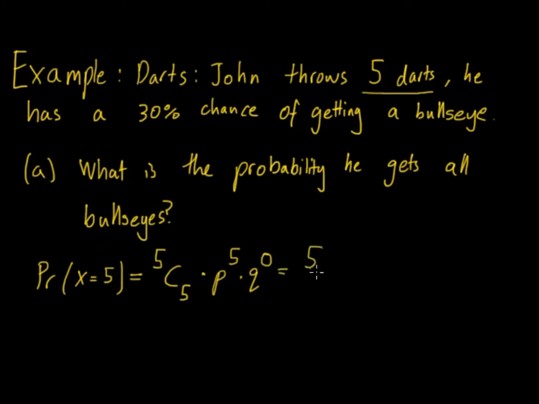So that equals 5c5 times 3 on 10 to the power of 5, times 1, which gives us 3 on 10 to the power of 5. You can see that this formula gives us the same answer.